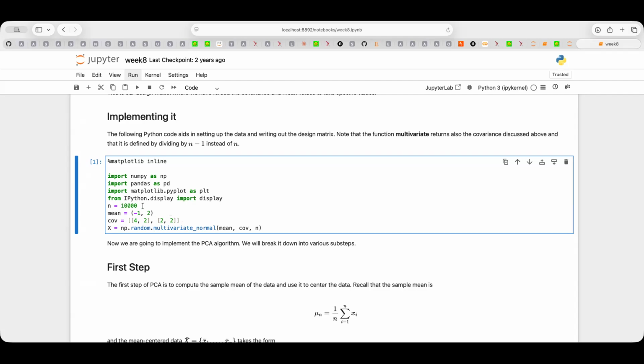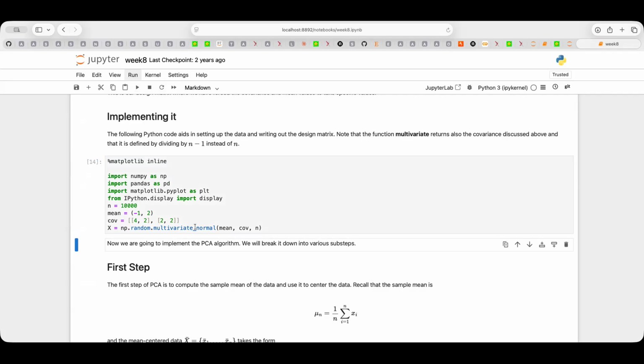So each vector has 10,000 data points, and the first vector has a mean value of -1, and the other of +2. So I'm setting up a vector of length 10,000, and then I want a covariance matrix of 2 vectors. This is exactly the example which I put on the whiteboard. And here I'm choosing a multivariate normal distribution, multivariate because I have 2 vectors now. And then I'm generating the data.